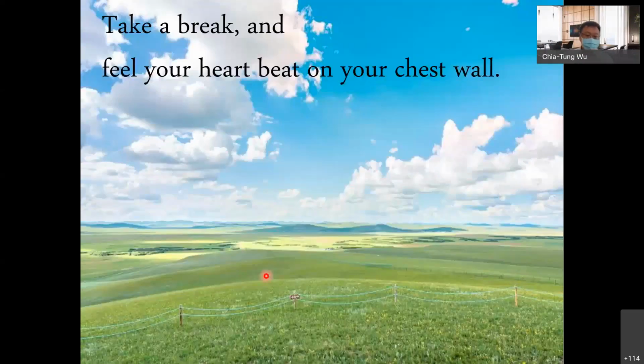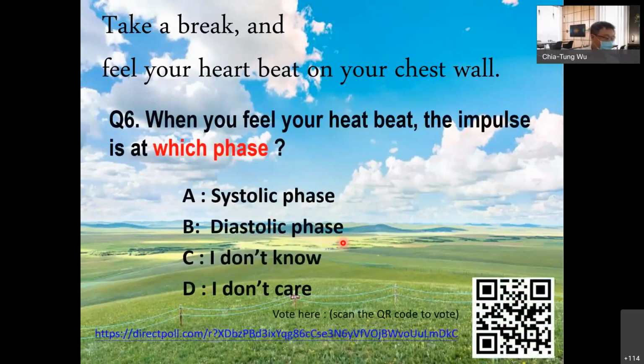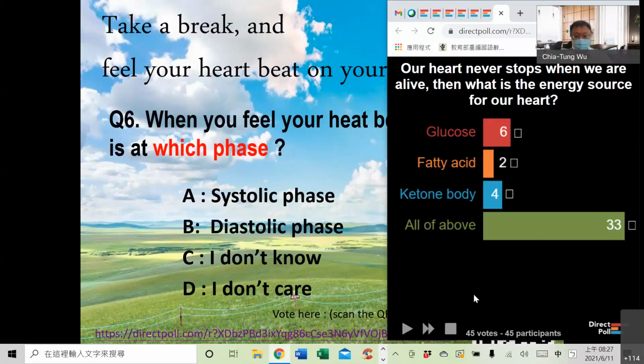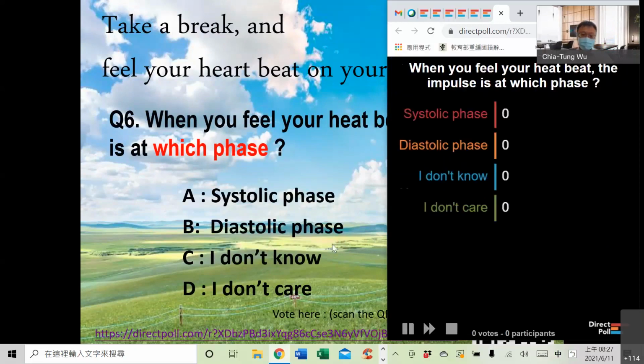So let me ask you an interesting question. Everybody please take a little break and feel your heartbeat on your chest wall. When you palpate your chest wall, you will feel your heartbeat, right? And here is my question. When you feel your heartbeat, when you feel the impulse, is the impulse at the systolic phase or the diastolic phase?